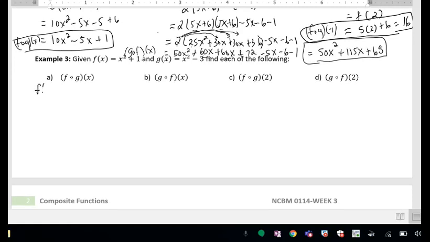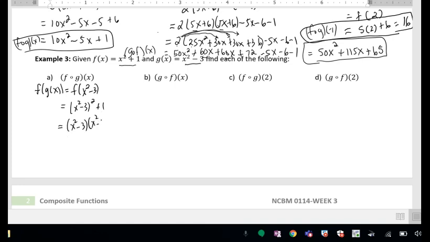So we would have f composed of g of x is equal to f of g of x, and g of x is x squared minus 3. And now I'm going to substitute x squared minus 3 for all my x's in the function f, which is x squared plus 1. So we get (x squared minus 3) squared plus 1.